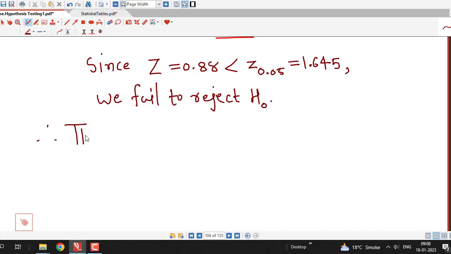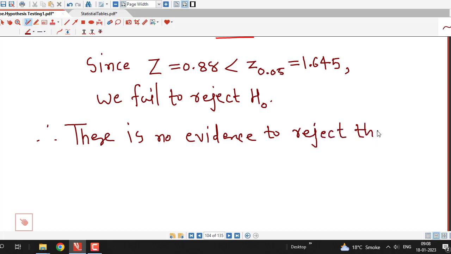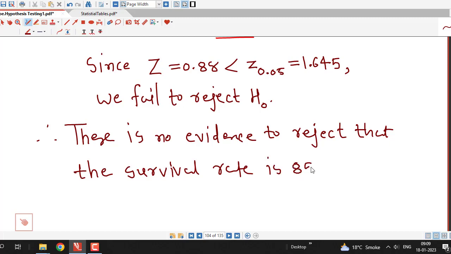Therefore, we can say that there is no evidence to reject that the survival rate is 85%.